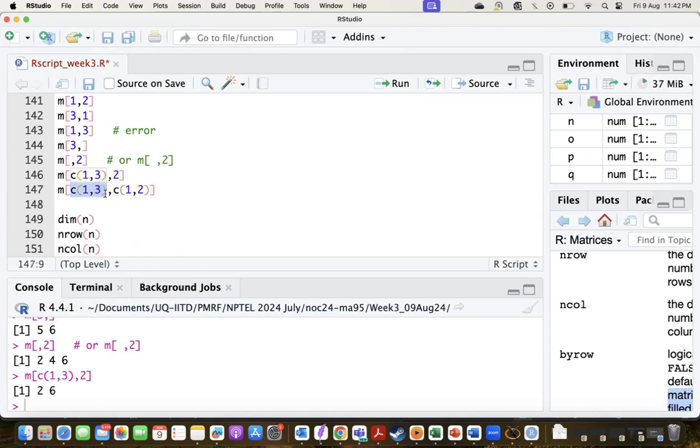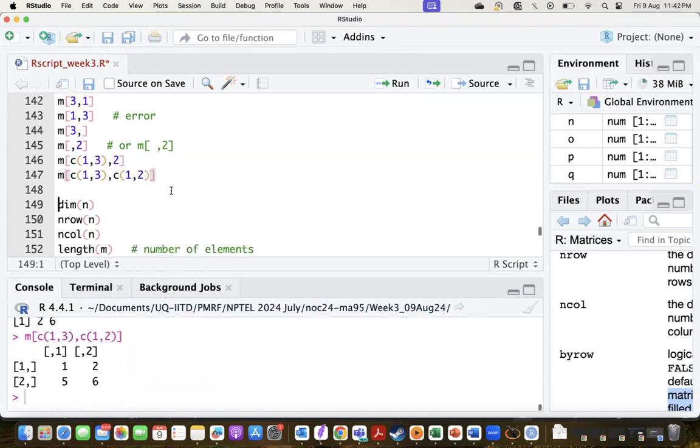I'm talking about the first and third row, and I'm talking about the first and second column. So as soon as you have both multiple rows and multiple columns, you're dealing with a matrix. So here I got a submatrix, which is made up of the first and third rows and the first and second, both columns, but I'm missing the second row here. So it's a submatrix.